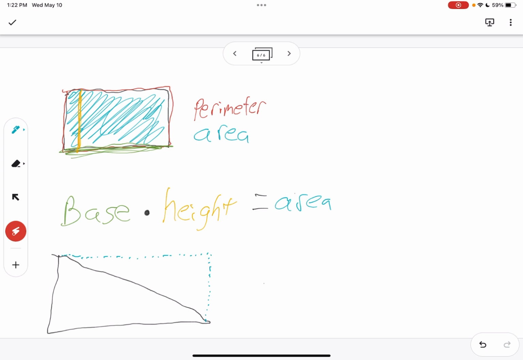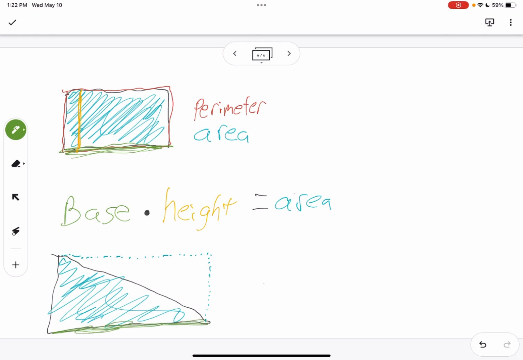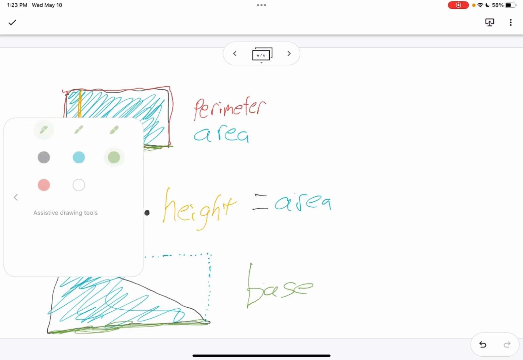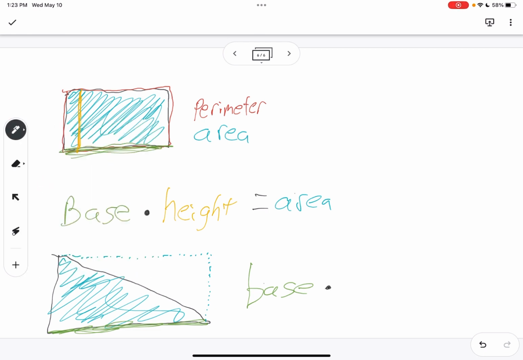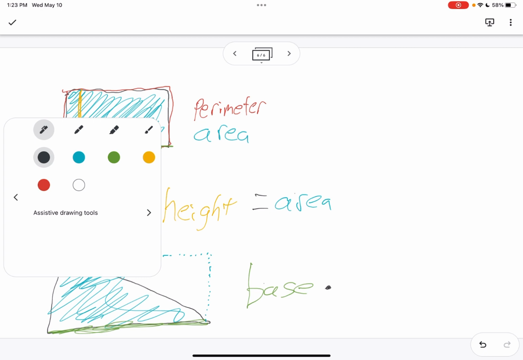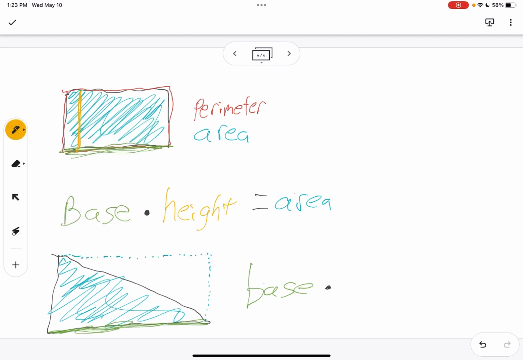So to find the area of a triangle, it's still the base, which again is this lower part down here, base times by height, which again, the height is from the base all the way up to the top. So times by height.